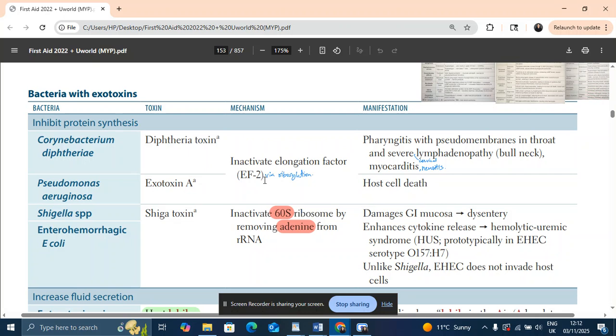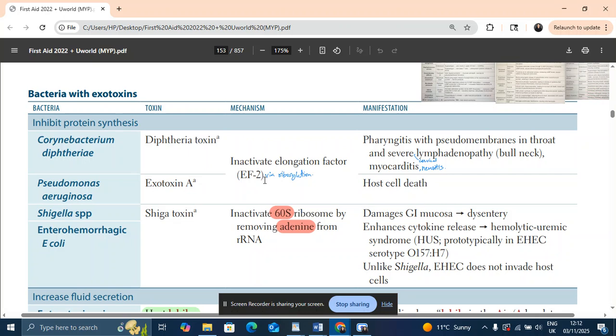Transcription and translation are the steps of protein synthesis. So, for memorization, remember that elongation factor 2 is required for protein synthesis.